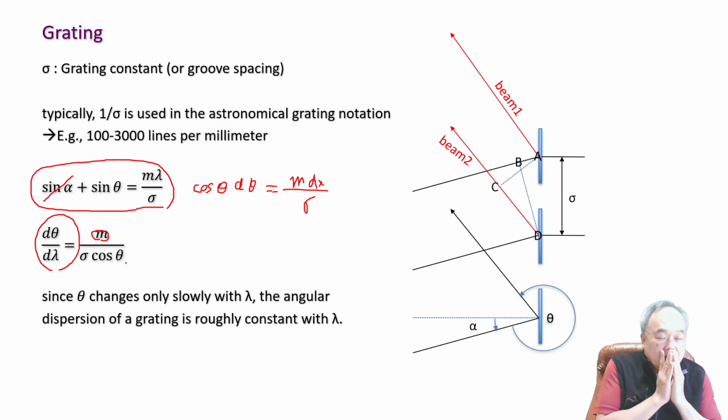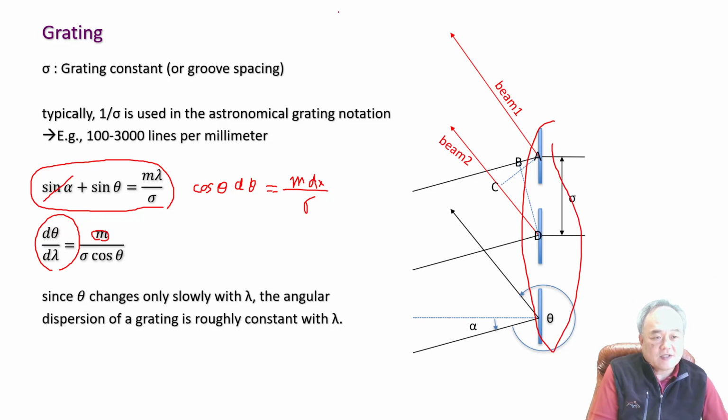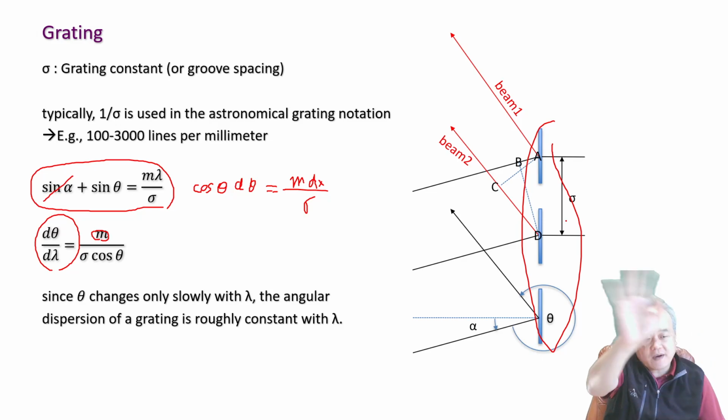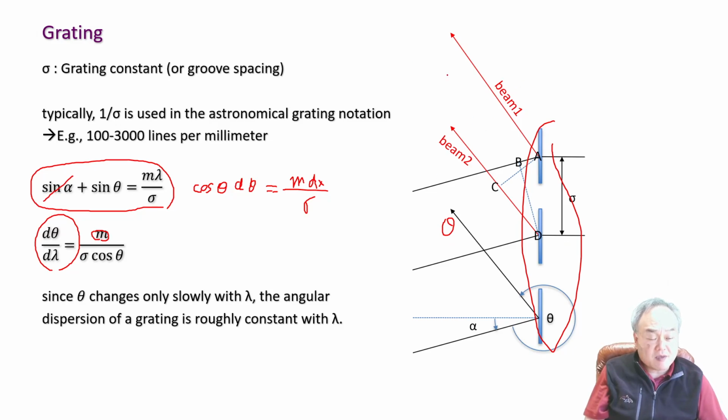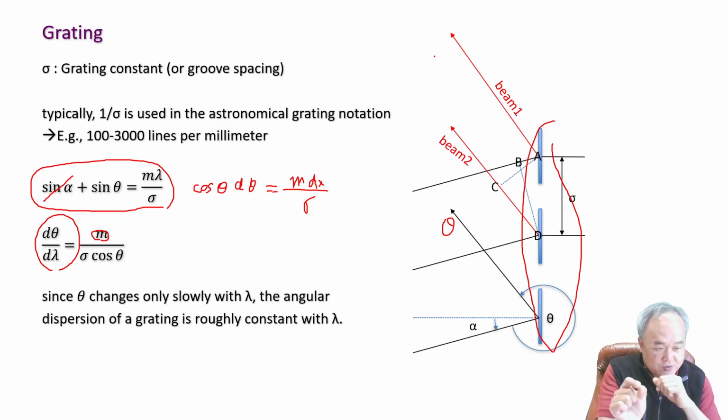In a realistic setup, the screen or detector is located so far away from the grating surface that beam 1 and beam 2 are falling onto the same physical position.